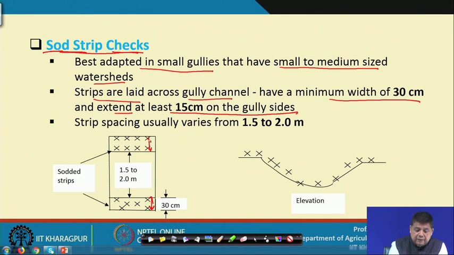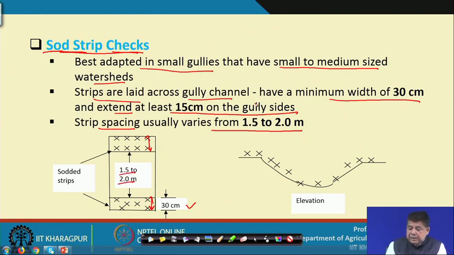As you can see here, a series of sodded strips is provided, which means the turf is put here to form these strips. Usually the width of these strips is 30 centimeters, and the strip spacing usually varies from 1.5 to 2 meters. So, the strip to strip distance is 1.5 to 2 meters.